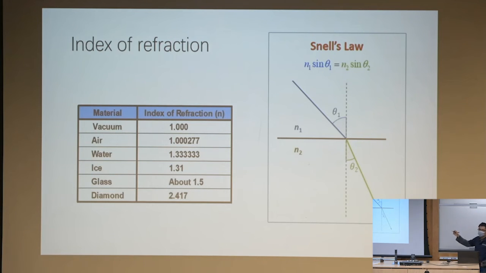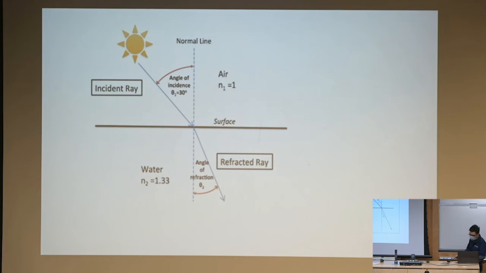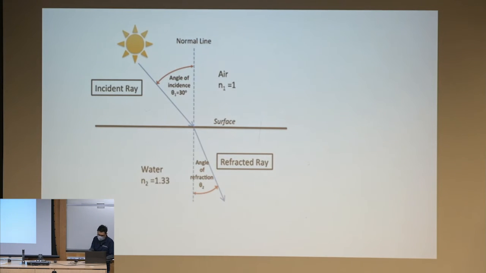I think in your math class you have learned about this. The math is described by n1 times sine theta 1 is equal to n2 times sine theta 2. For practice, you can calculate if sunlight goes from air to water.